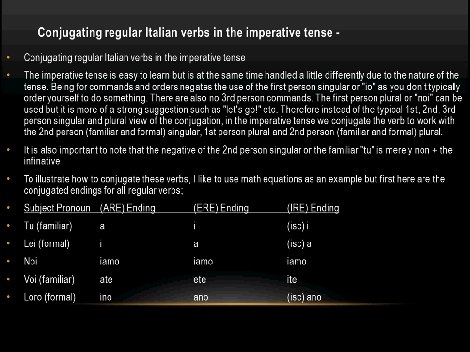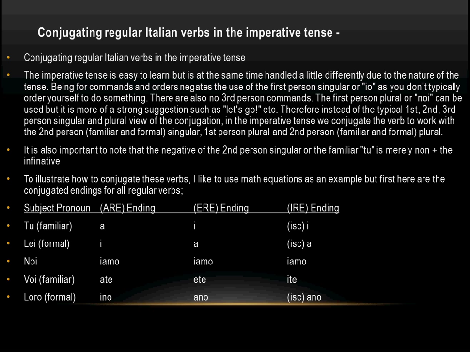Okay. To illustrate how to conjugate these verbs, I like to use math equations, just like I do in all the tenses, as an example. But first, here are the conjugated verb endings for all regular verbs. For are, they are a, iamo, ate, ino. A, iamo, ate, ino.